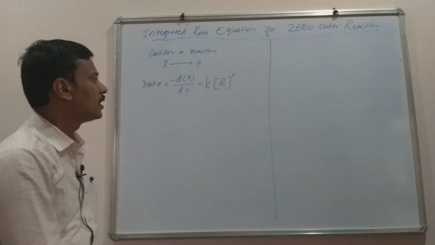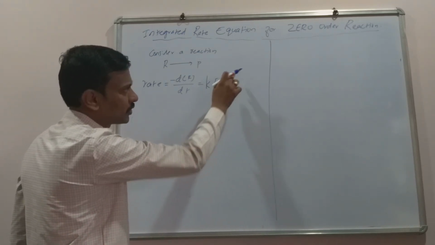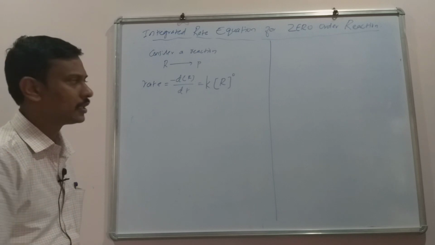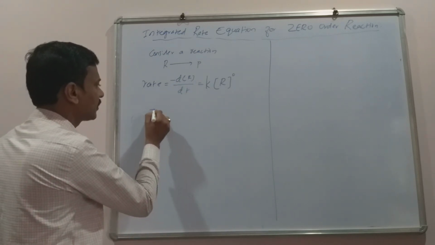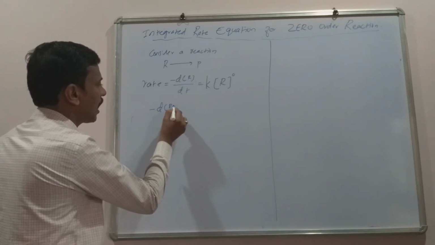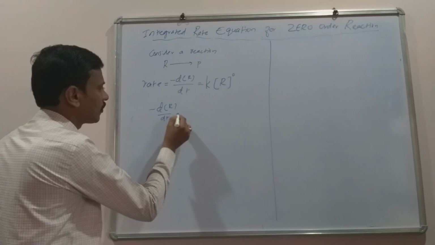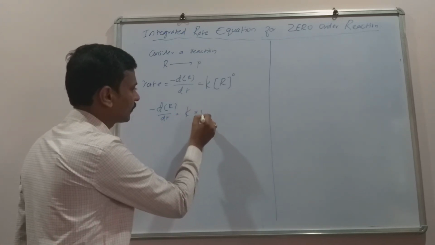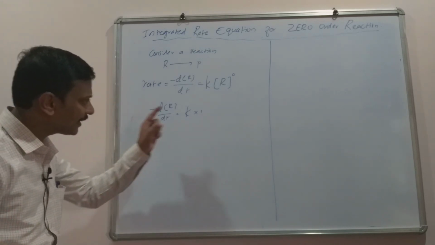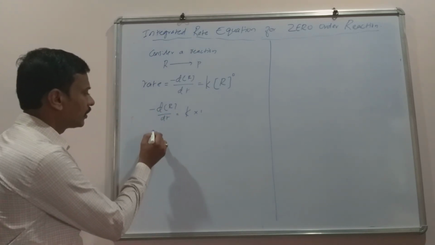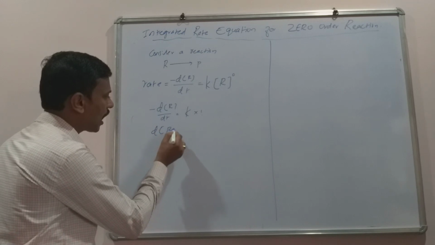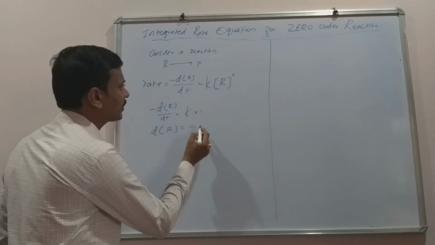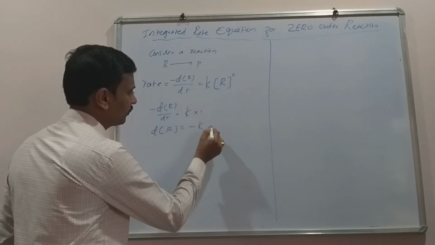Anything raised to 0 is always equal to 1. Then this equation can be written as minus d[R]/dt is equal to k into 1.